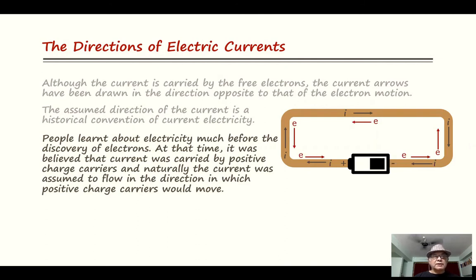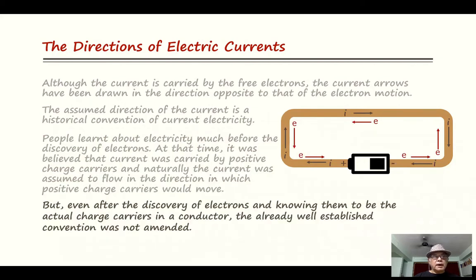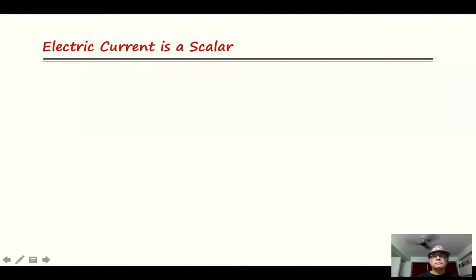At that time, it was believed that the current was carried by positive charge carriers, and naturally, the current was assumed to flow in the direction in which positive charge carriers would move. But even after the discovery of electrons and knowing them to be the actual charge carriers in a conductor, the already well-established convention was not amended.